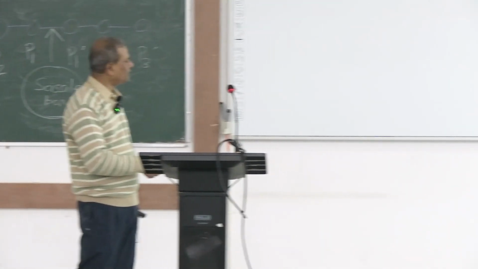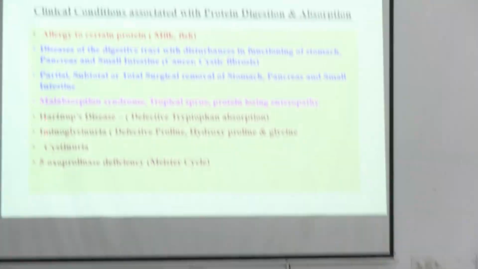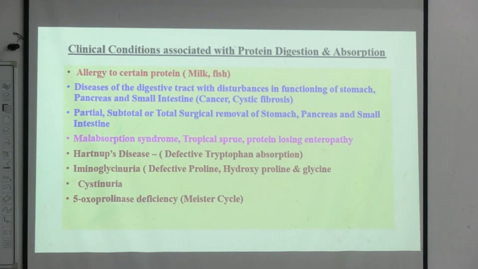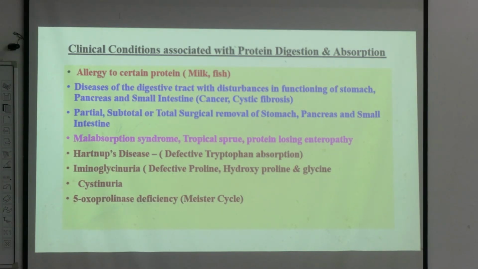And in your book you will see that there are these 4 diseases which are written, but they are not that common. One is Hartnup disease, that is tryptophan absorption disorder, and iminoglycinuria, where there is a defective absorption. Glycinuria means it is in the urine, related to the kidney, but the same defect is there in the intestine also.